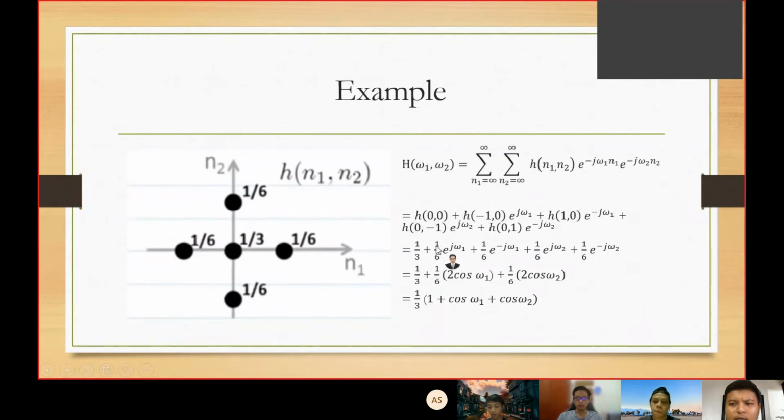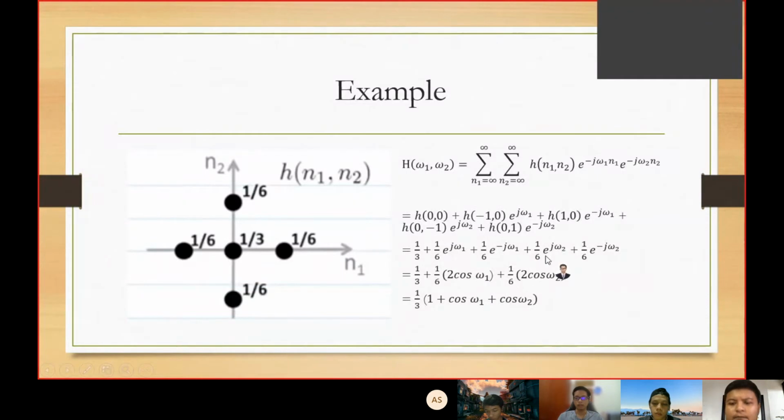From this, 1 over 6 e to the power of j omega 1 plus 1 over 6 e to the power of negative j omega 1, you can combine these two and make it into 2 cos omega 1.